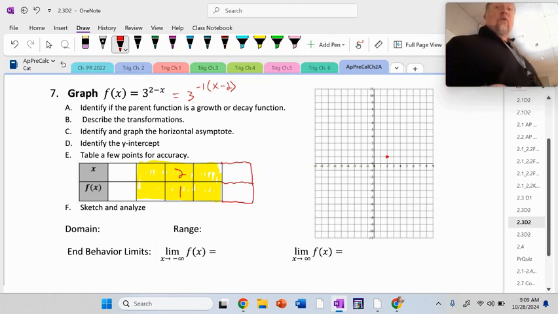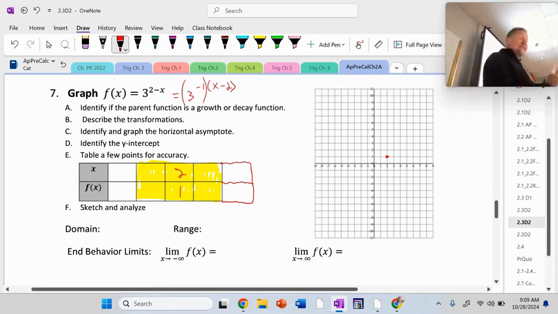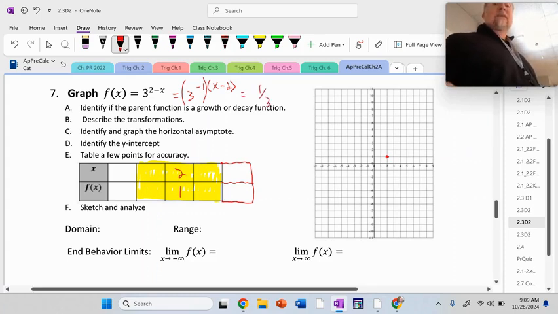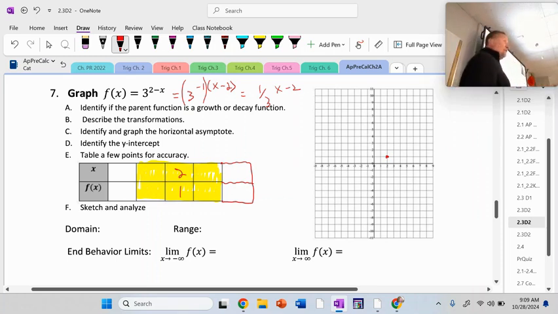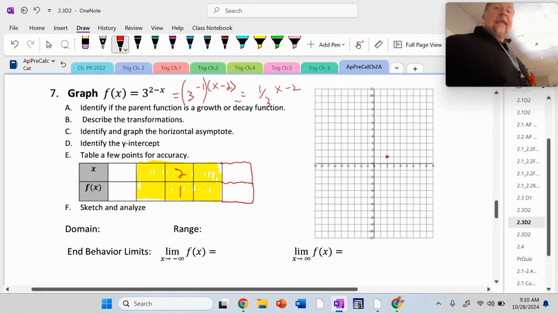And then, just like I told you, with the negative or power raised to a power rule, I can think of it like this. This is actually synonymous with graphing 1/3 to the x minus 2. You don't have to do that, but if I just input and output in the original, you'll see this acting like 1/3 raised to the x minus 2, shifted right. So this is going to be decay because of that negative exponent rule.